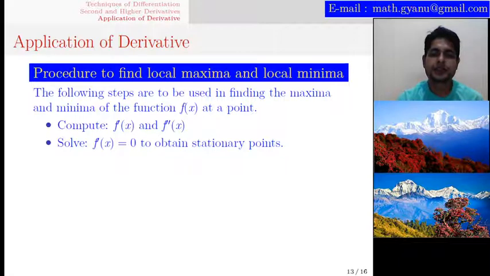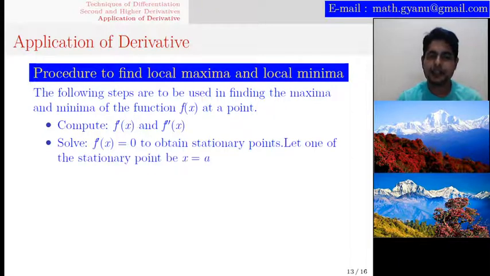Step 2, solve f prime x equal to 0 to obtain stationary points. When you solve f prime x equal to 0, you will get the values of x, and those values of x are known as stationary points. After that, let one of the stationary points be x equal to a.